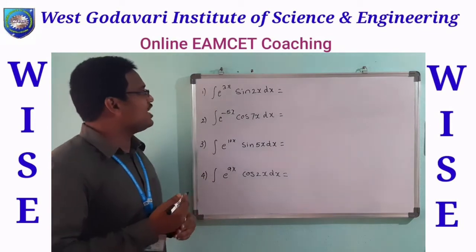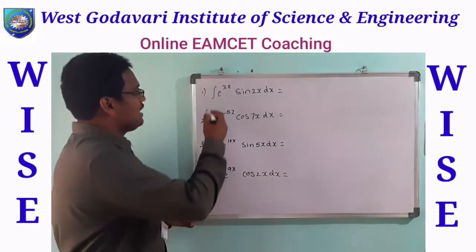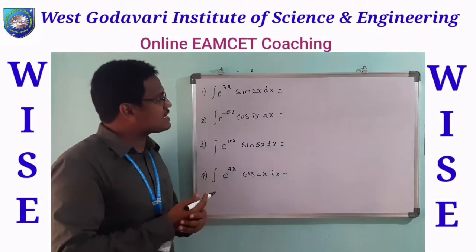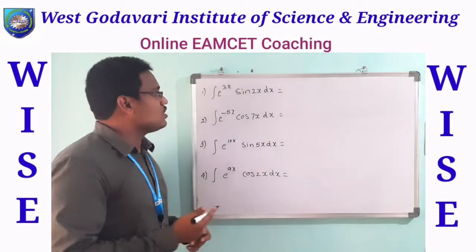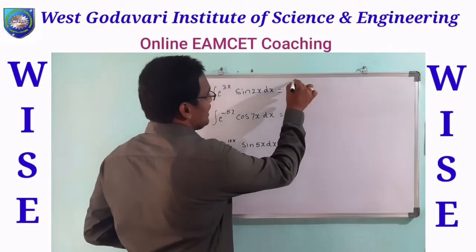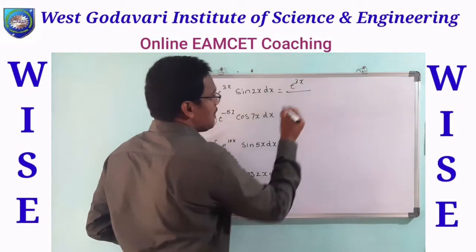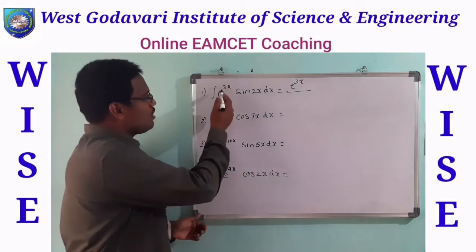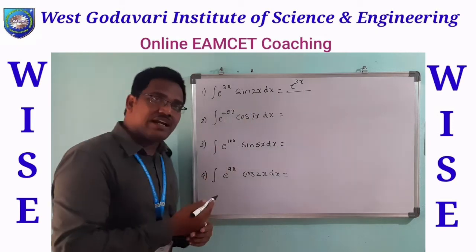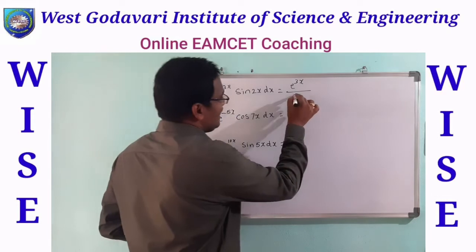First one, integration of e power 3x into sin 2x dx. So this is in the form of e power mx sin nx dx. The formula for this: e power mx, that means e power 3x, by m square plus n square. Here the value of m is 3, and the value of n is 2. So 3 square plus 2 square, that means 13.